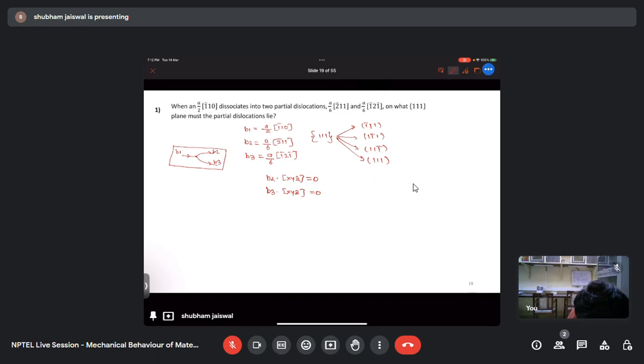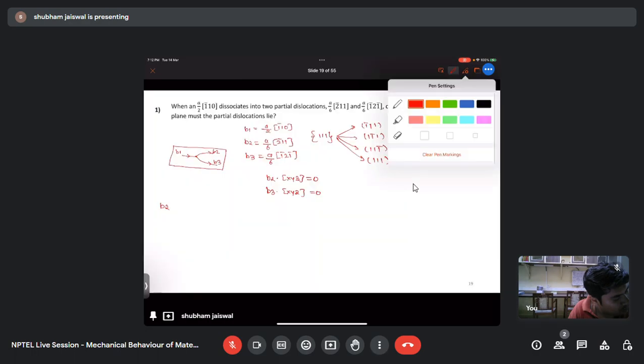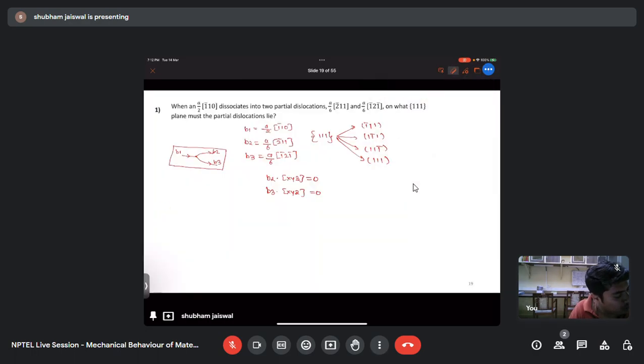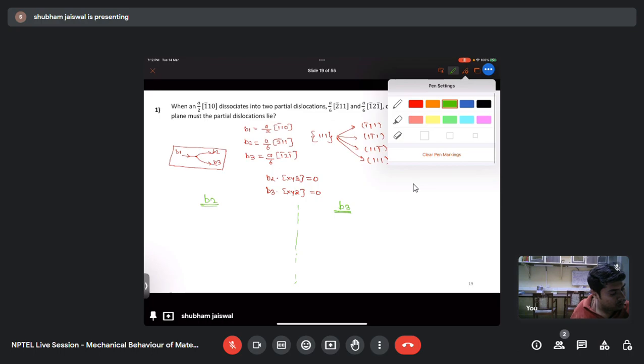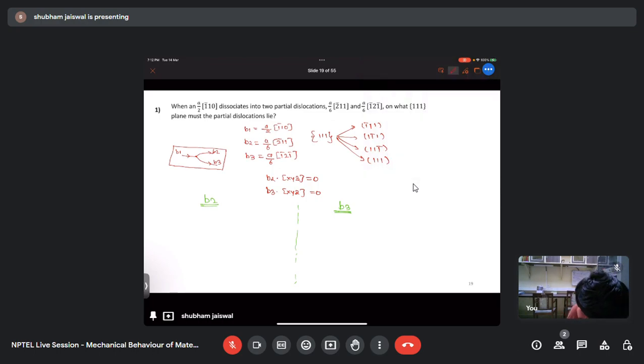So we'll do it for B2 and here we'll do it for B3. So B2 is 2 bar 1 1 into 1 bar 1 1. How much is the answer?